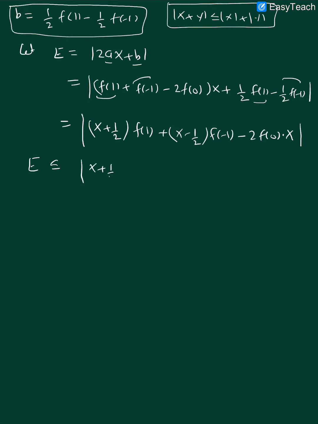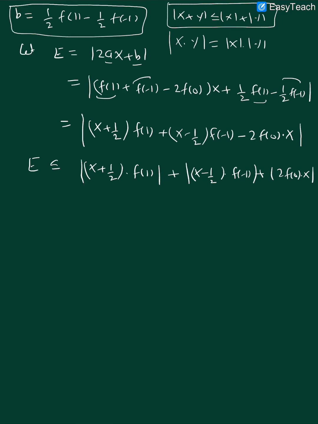Clearly the upper bound is mod of x plus half into f(1) plus mod of x minus half into f(-1) plus mod of 2 f(0) into x. We also know that the mod function is distributive in product sign. Mod of x into y equals to mod x into mod y.